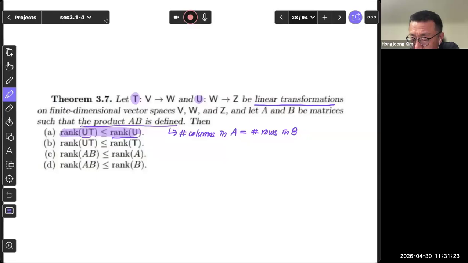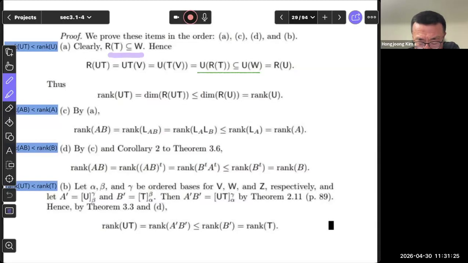We have V, W, Z. So T is a mapping from V to W, and the range of T is included in W.